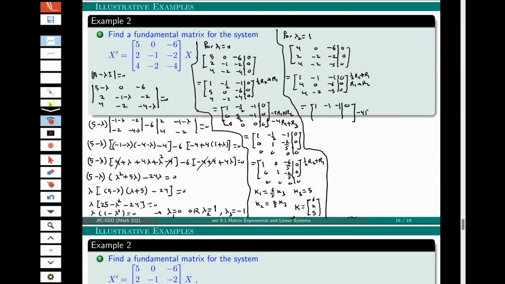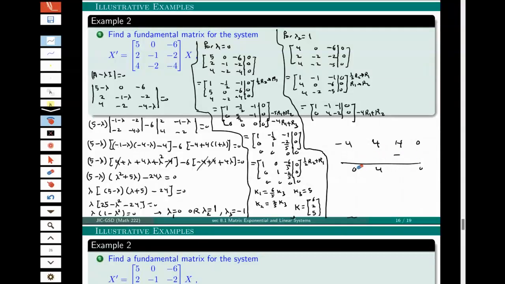And here we have minus 4 row 1 plus row 2. We multiply by minus 4. So that will be minus 4 and 0. We add it with 4, 0, minus 6, 0. We get here 0, 4, minus 2, 0.